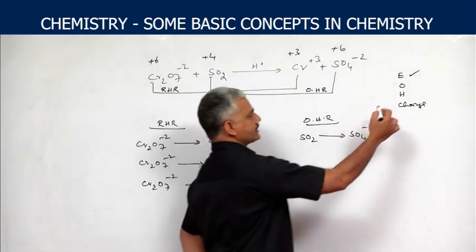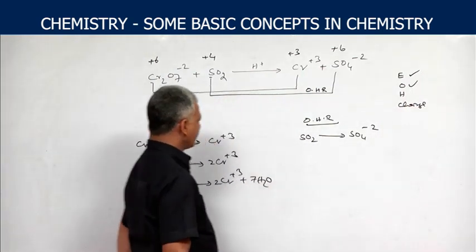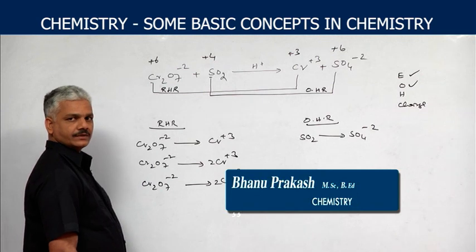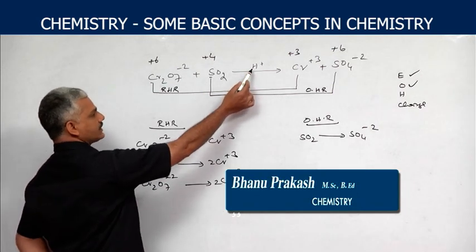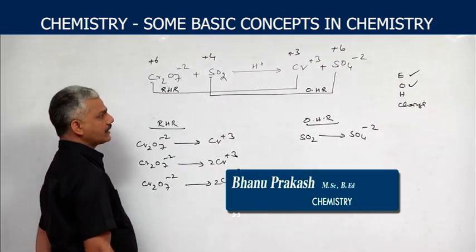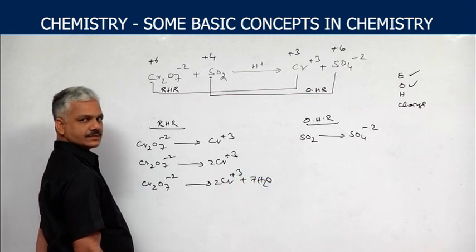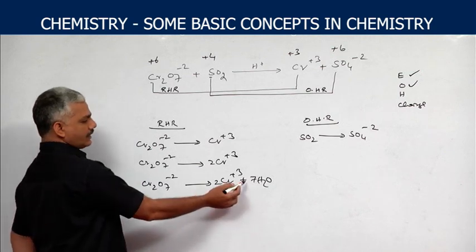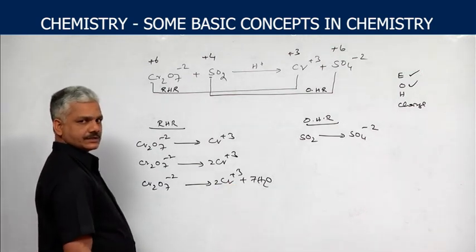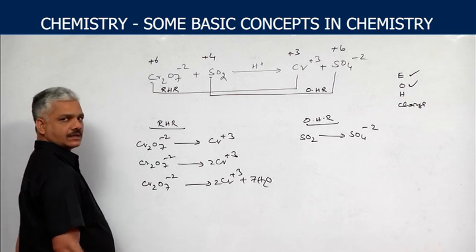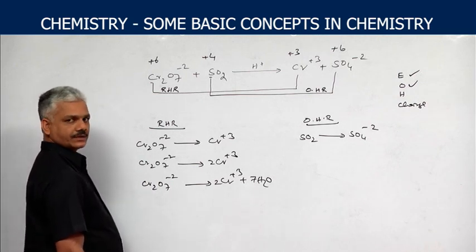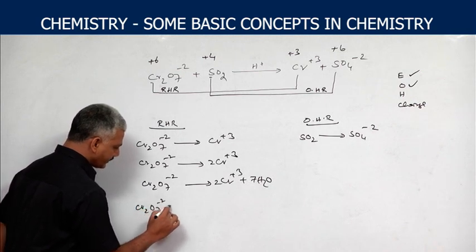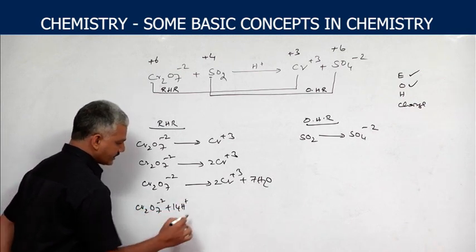Now, oxygen is balanced. Next, to balance hydrogen we have to check the medium of the reaction. In the given equation, on the arrow mark it is mentioned as H+, which means the reaction is taking place in acidic medium. On the product side 14 hydrogens are present, and the reactant side is deficient by 14 hydrogens. So, as per the rule, we write 14 H+ ions.